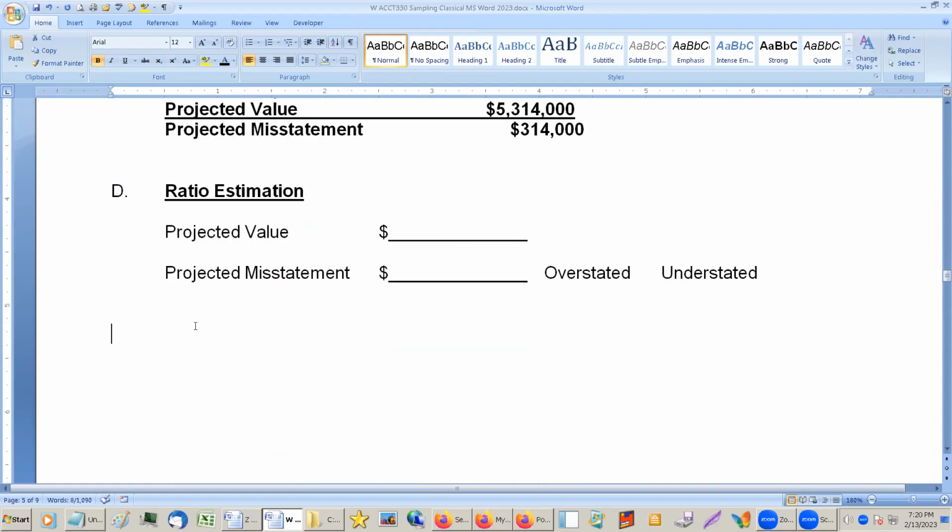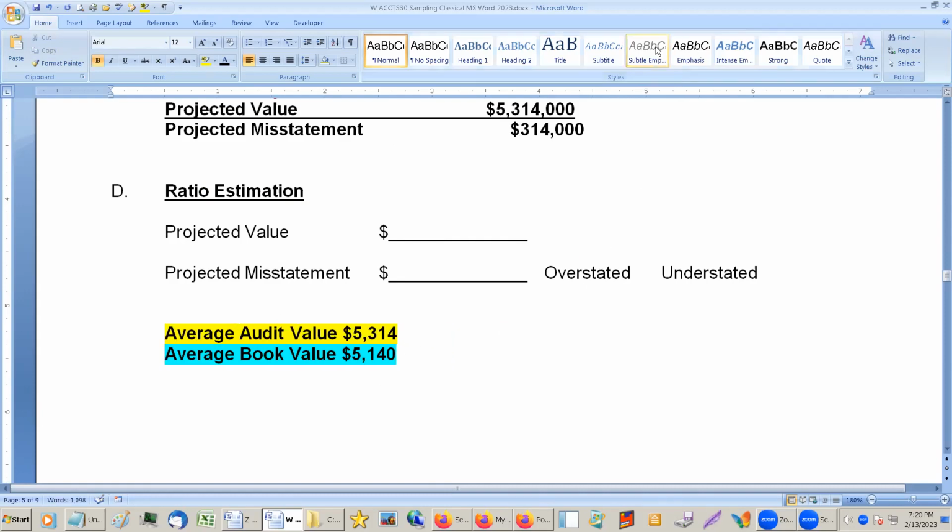Okay, ratio estimation. Ratio estimation basically says that the errors, the misstatements, will be in proportion to the size of the item. So a large item will have a larger potential misstatement than a smaller item.